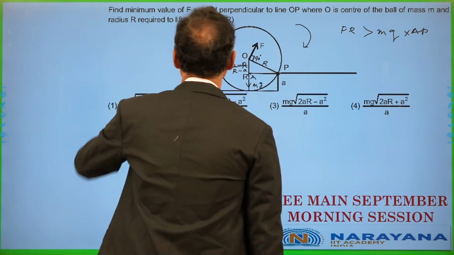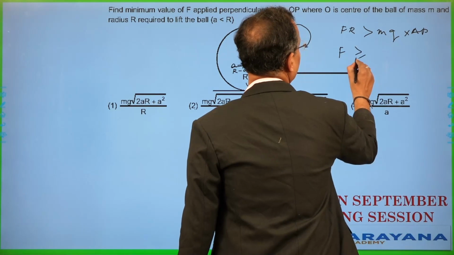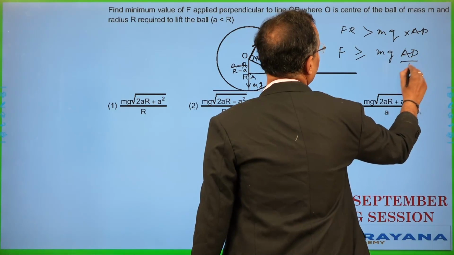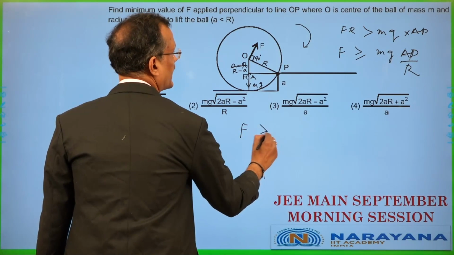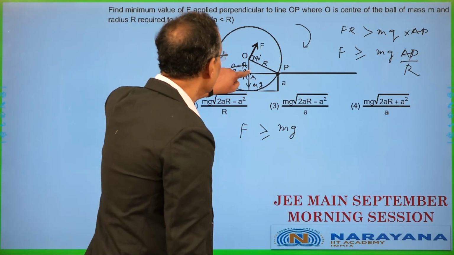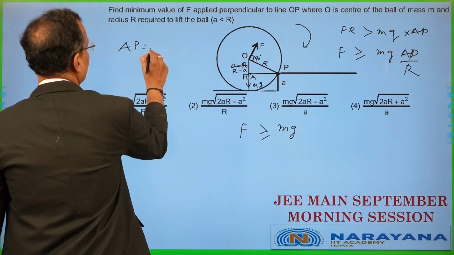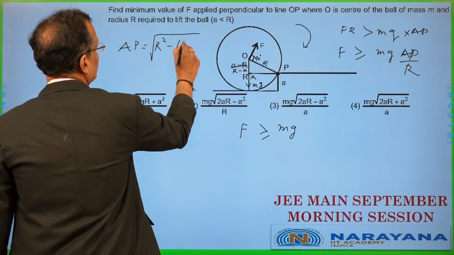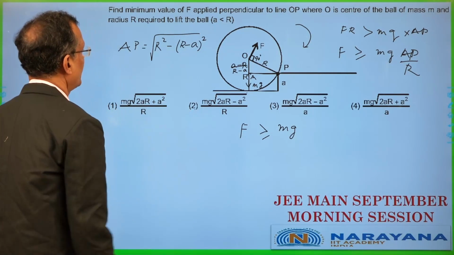They are asking you the value of F. So F should be greater than or equal to mg into AP by R. Now I want AP. This AP is base, under root hypotenuse square minus perpendicular, R minus A whole square.